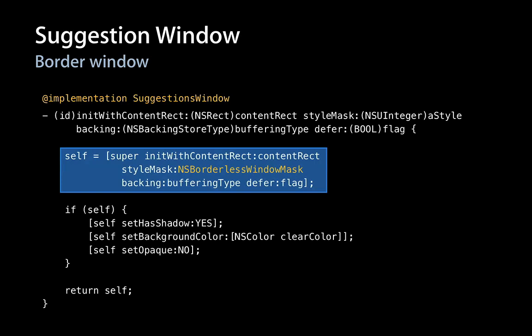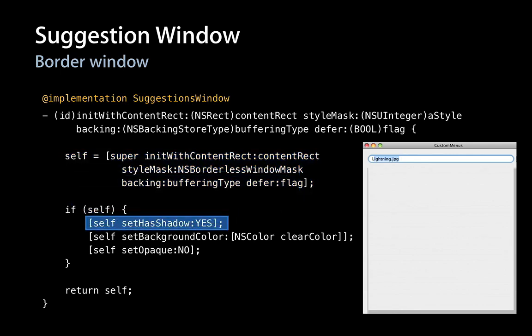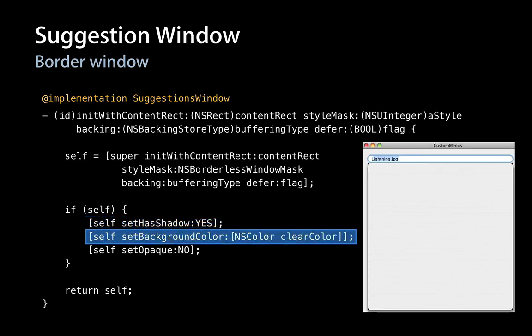Or if you call it programmatically, you'll get a borderless window. And that's great. We get this, which isn't quite what we want. So we'll add some depth by saying setHasShadow. That's great, but we want the nice rounded corners like a menu has, and we do that with a custom view that's set up as the content view for drawing. So we just need to tell the window that it has a clear background color.